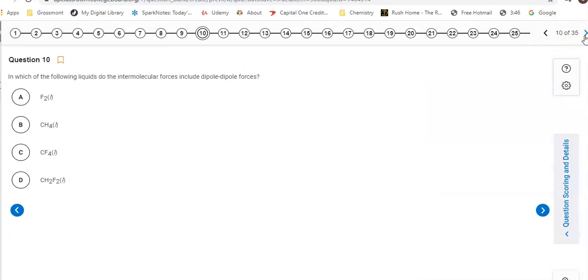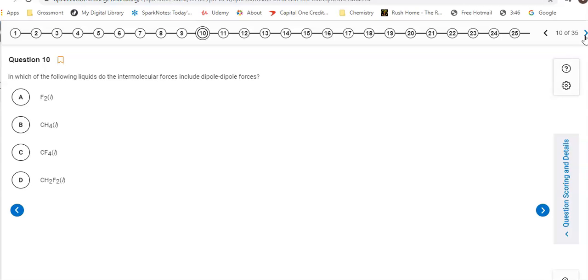Okay, in which of the following liquids do the intermolecular forces include dipole-dipole forces? Well, F2 is nonpolar. It's two equally strong atoms having a tug of war, so there's no polarity there. CH4 is two different elements, but it's nonpolar. It's four hydrogens attached to a carbon, forming a tetrahedral structure.